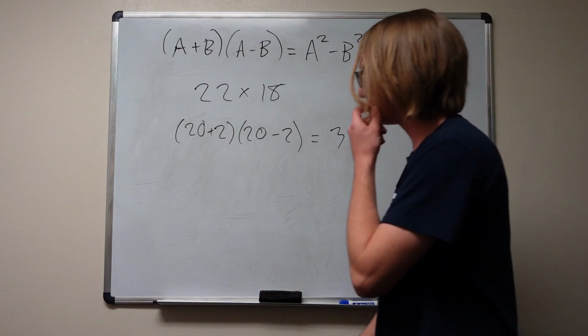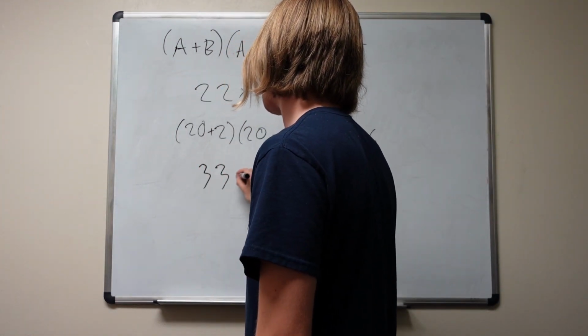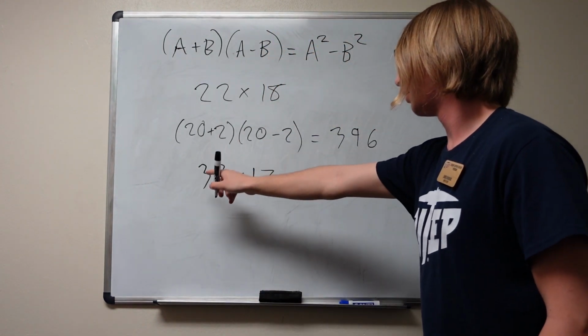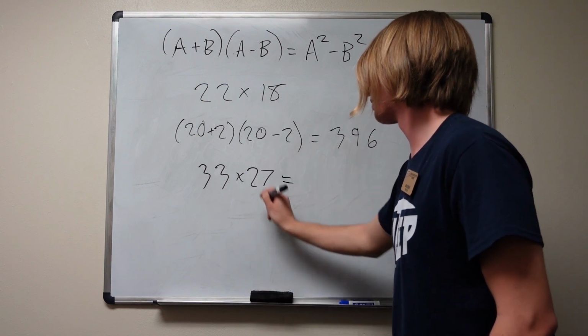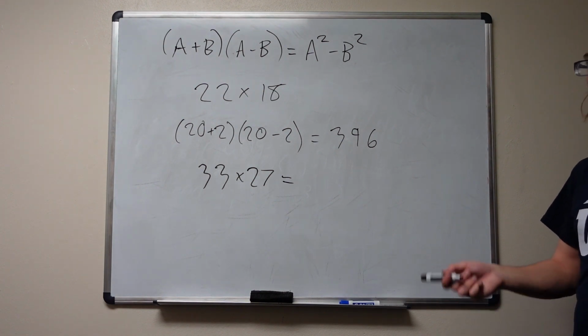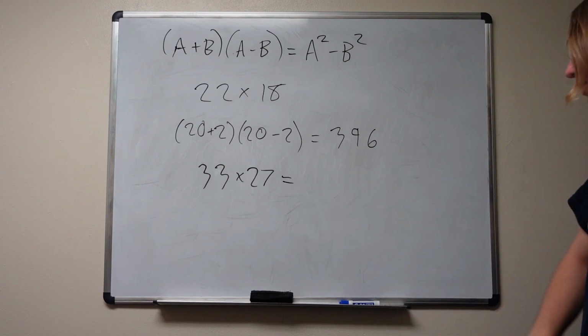If we have another example, we can do 33 times 17. Oh wait, no, 27. That'd probably be easier. 33 times 27, so they're 3 units from 30. This one's 3 more, this one's 3 less.